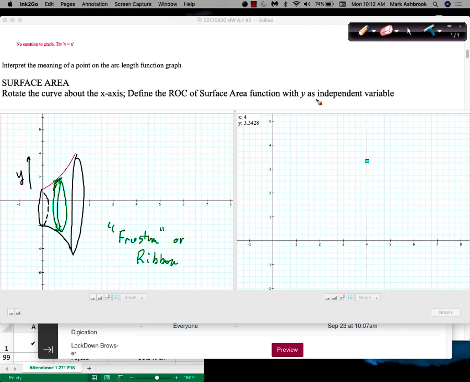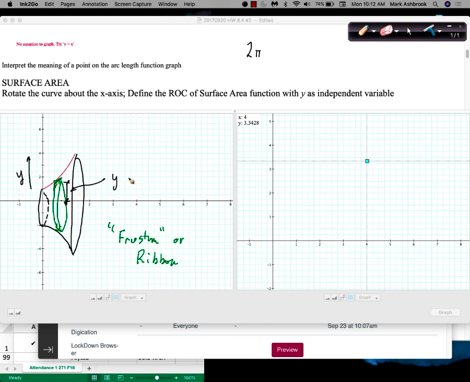Isn't it 2 pi g of t times the square root of 1 plus... So the radius is, okay, you're saying the radius is what? The radius is x, y, change in x or change in y? Y coordinate.